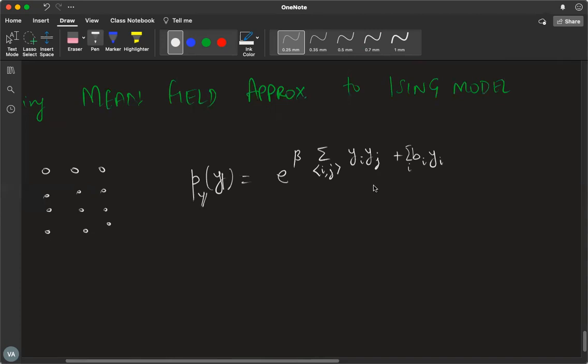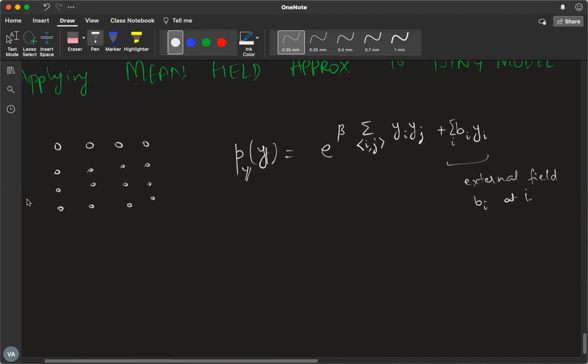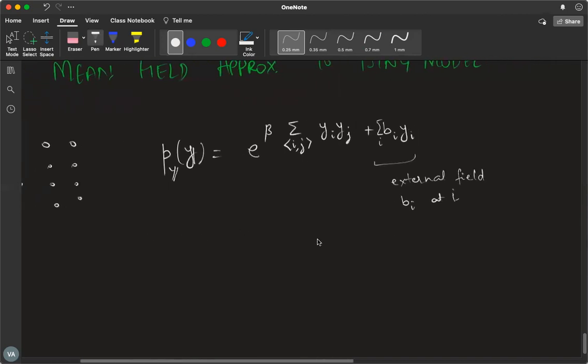So this extra term is because of an external field, the external field bi at the lattice site i, because the field can have different values at different lattice sites. So we are doing it in this way.